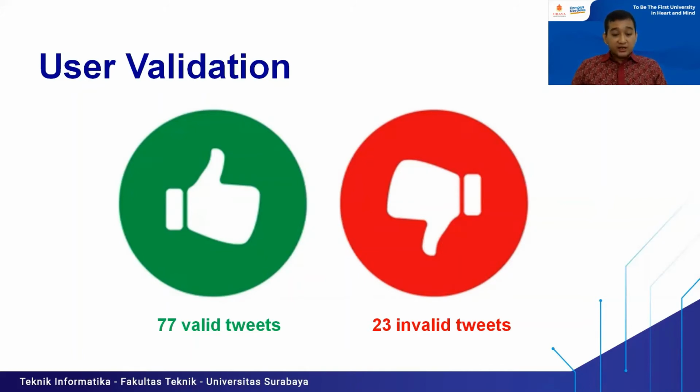In model validation, the training process uses data from 80% of the total dataset owned, while in user validation, the training process uses 100% of the existing dataset. This proves that the more data used during the training process, the higher the accuracy obtained.